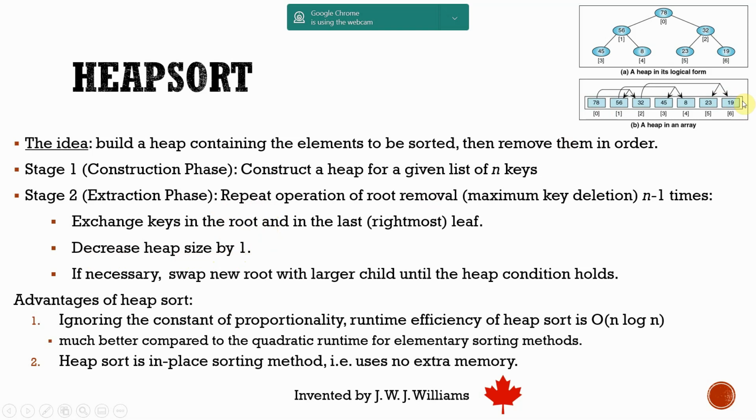The root that we deleted, we put it in that empty spot or hole that is available. Because in the max heap version the root has the maximum number, after doing that we have the maximum number in the last element. And if we do this n-1 times, we end up with a sorted array.